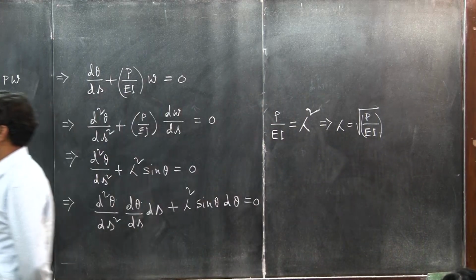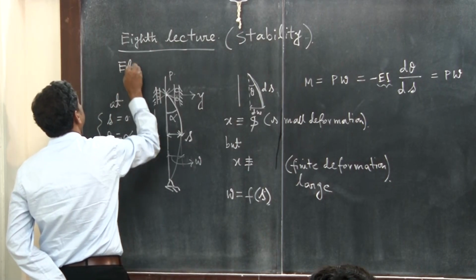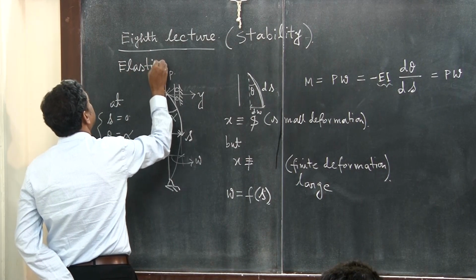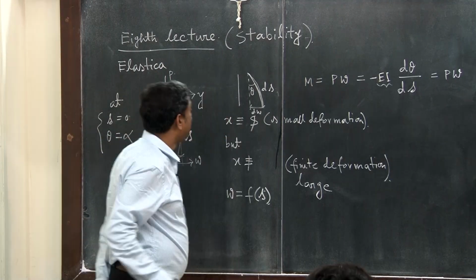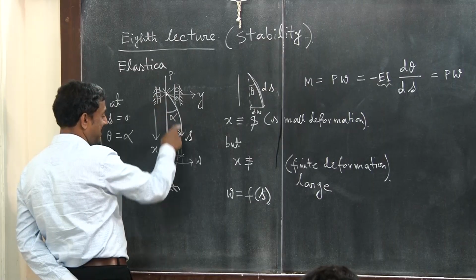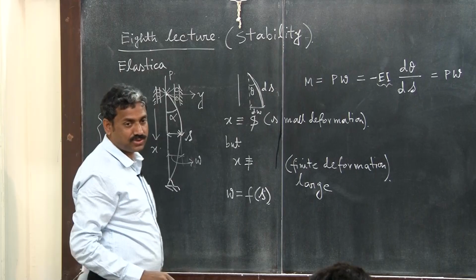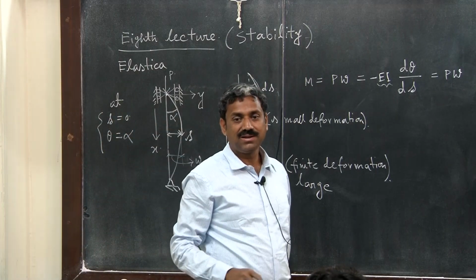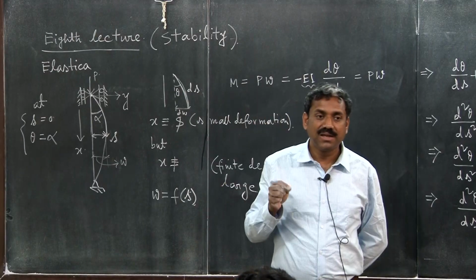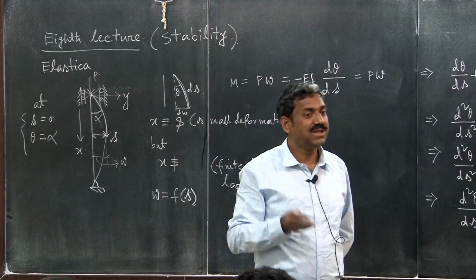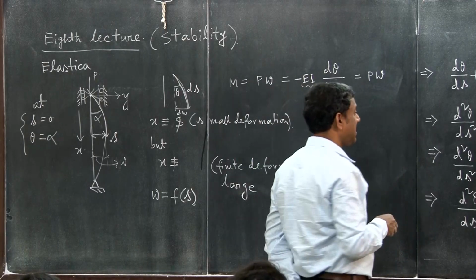So Elastica is nothing but this deformed shape. We are assuming a large deformation, but the material is good enough that it still remains elastic. So the non-linearity is only coming from the geometry, not from the material. You understand that? Okay, Elastica.